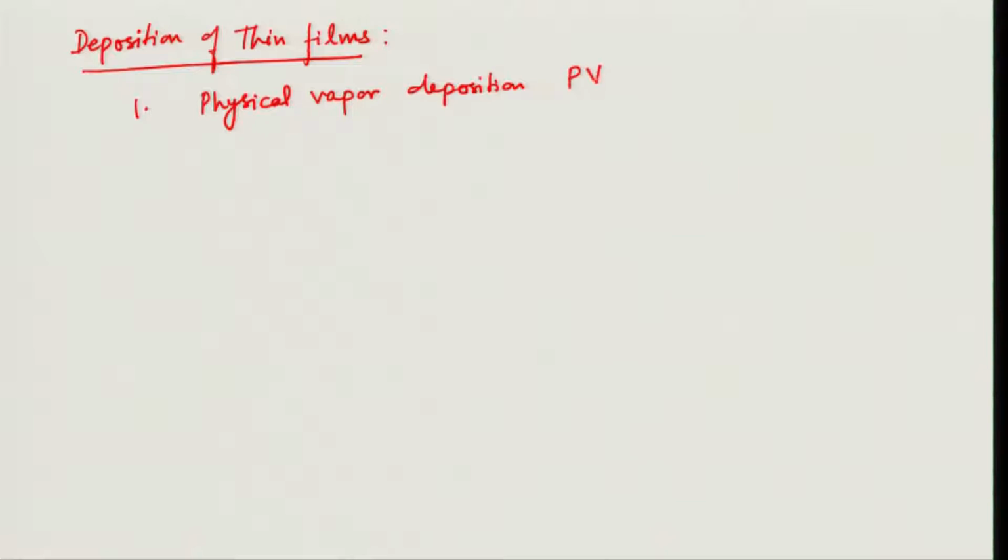the methods can be broadly divided into two categories. One is called physical vapor deposition or PVD, and second is called chemical vapor deposition, or CVD.